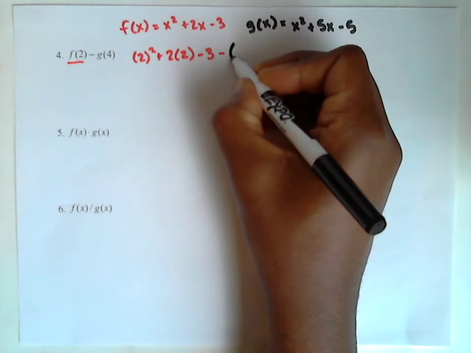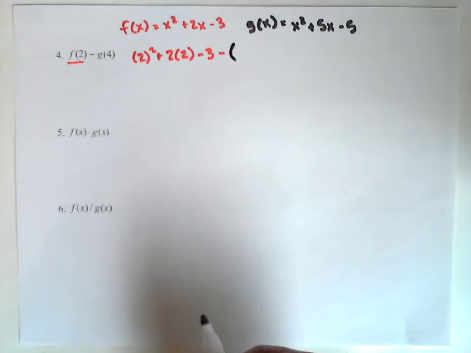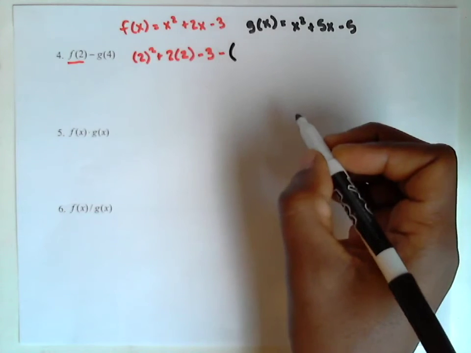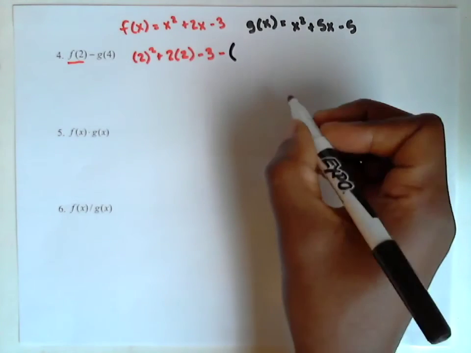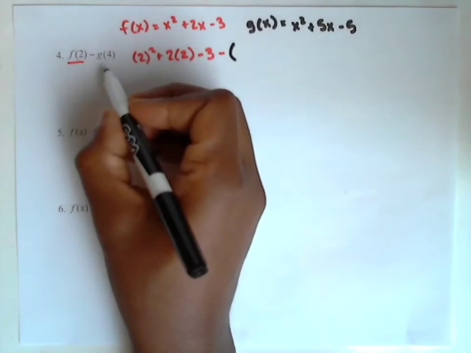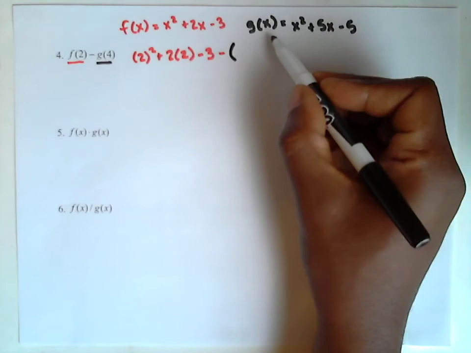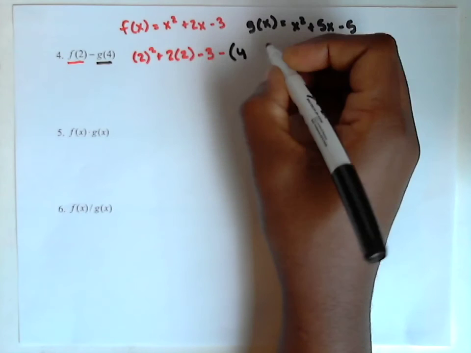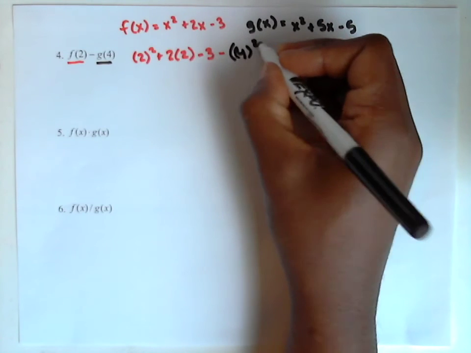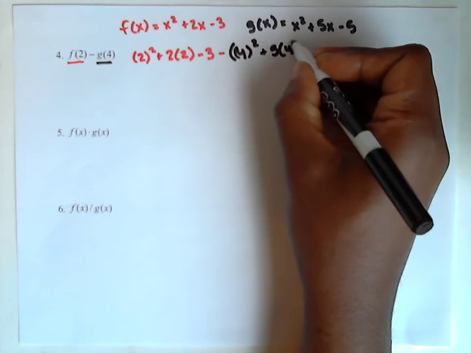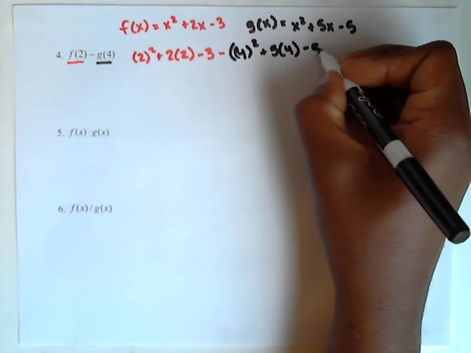So to do the same thing with g of 4, putting in parentheses, making sure I protect that entire g of 4 expression, I'll go to my g of x and put 4 in for all my x values. So I'll have 4 squared plus 5 times 4 minus 5.